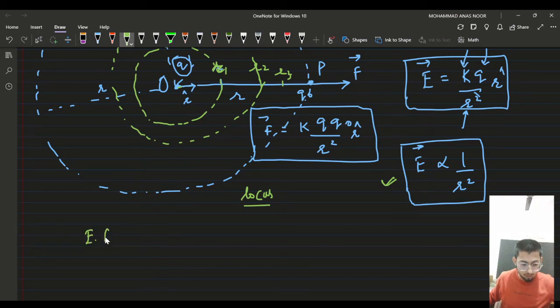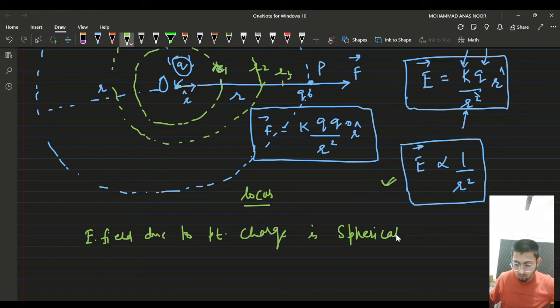Electric field due to a point charge is spherically symmetric, isn't it? You know what symmetric is? Symmetry, and then asymmetry. The symmetry here is spherical.